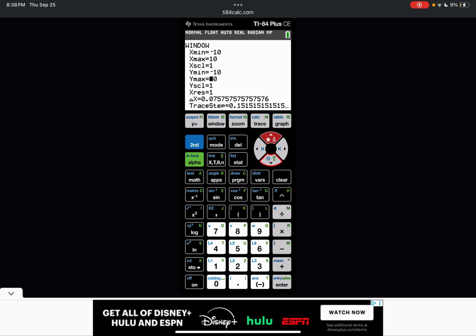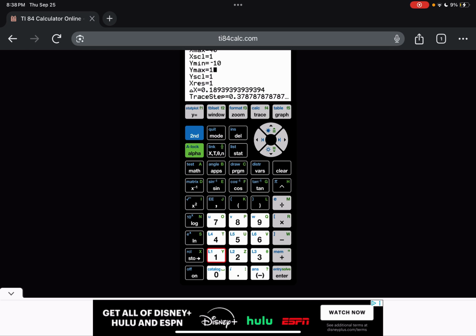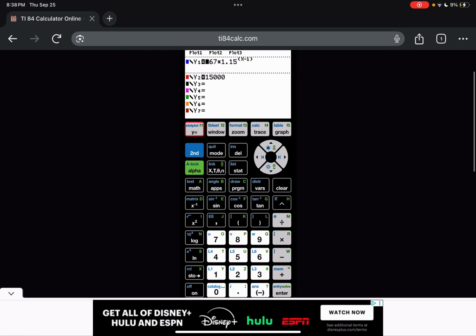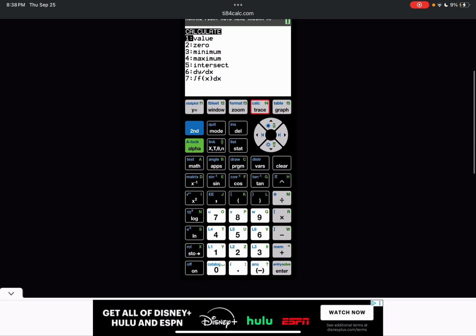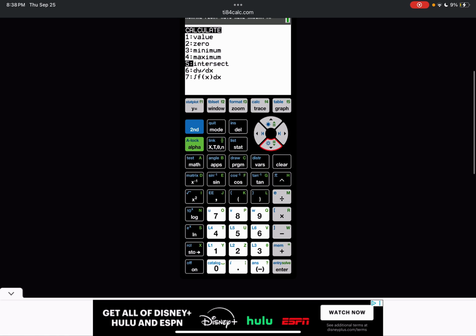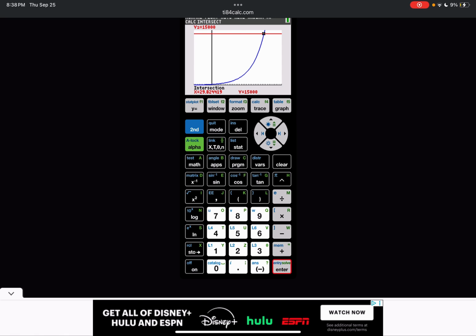So here I'm just going to change my window a little bit. I'm going to make my x max 40, and my y max 16,000. That way, if we graph them, now we can see the whole function. And now when we go to intersect, you'll be able to find the intersection, which again we found is 28.82. You finish 29 full years. During that 30th year, that's when you hit 15,000.